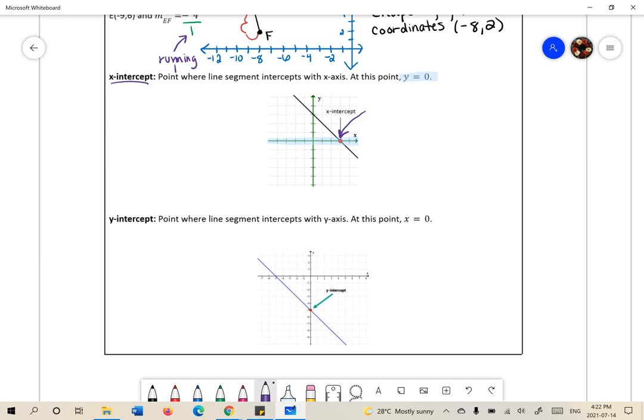And a y-intercept is when your line meets the y-axis. So here's your y-axis, where your line segment meets the y-axis, we call that a y-intercept. It's intercepting with the y-axis.